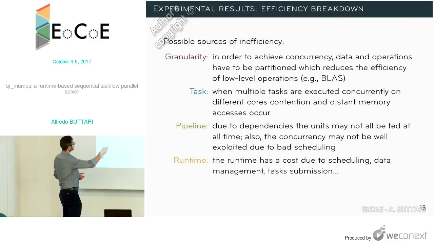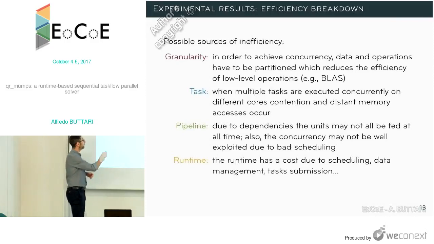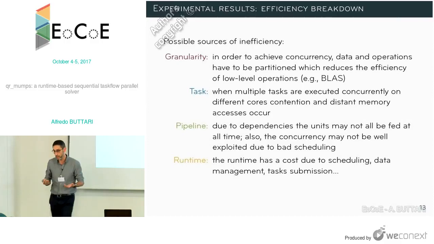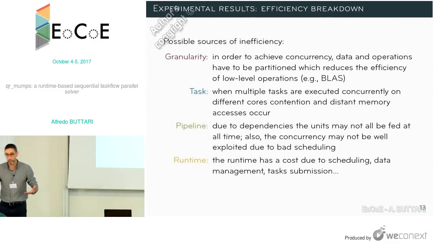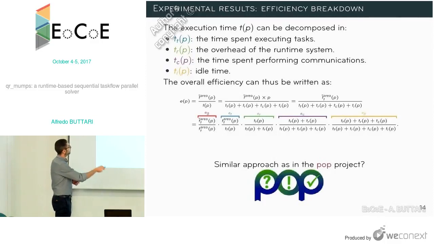And this implies stalls, idle time, which make performance a little bit worse. And finally, runtime efficiency, which basically measures the overhead of the runtime engine, okay? The product of all these efficiency measures gives the global parallel efficiency of the code.